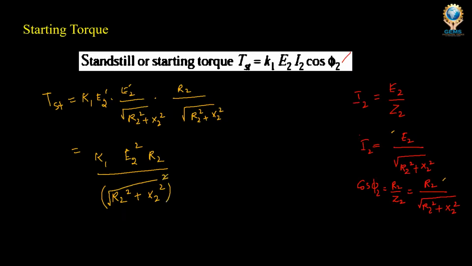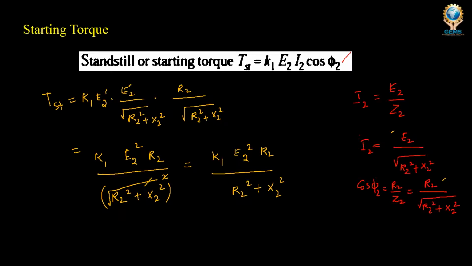So this root and square will be cancelled. So we will get E2 square R2 divided by R2 square plus X2 square.